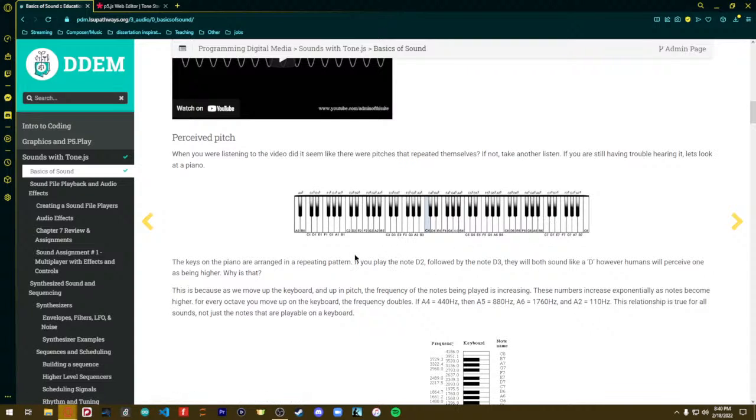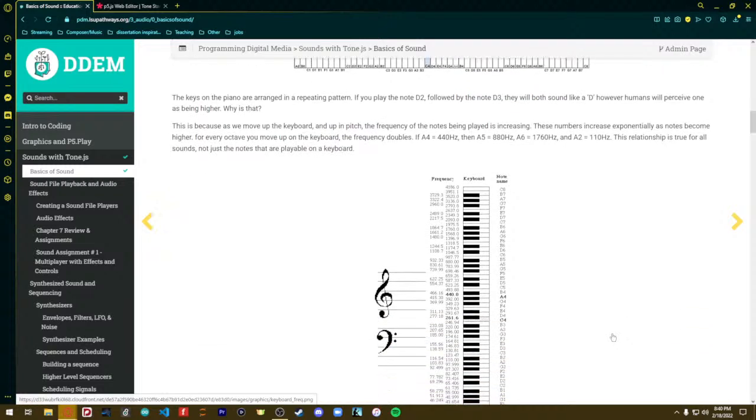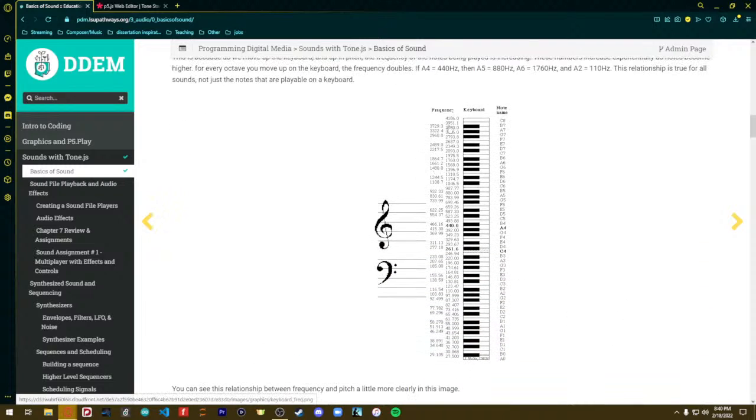Essentially, if I scroll down to the next diagram, we can see the frequency of these notes compared to the notes on the keyboard. The really short version is that every time the frequency doubles, we are moving up an octave. So this is a logarithmic growth.